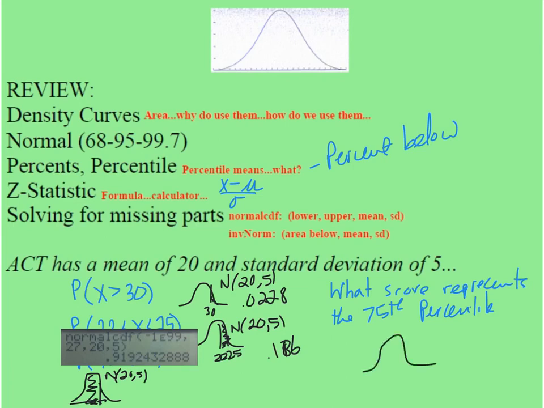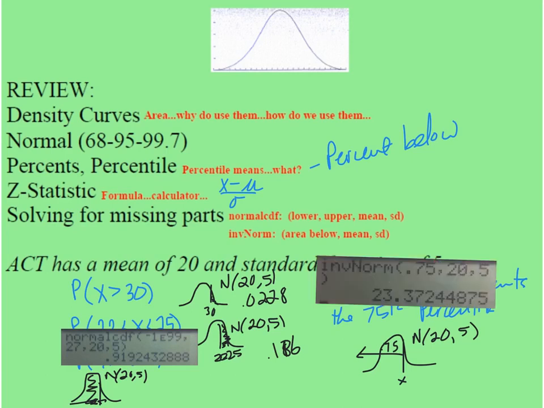How that would look is it's a normal setting, 20 and 5, and we are wondering, remember percentiles are below, what score X represents 75% below. So this time we're going to use an inverse norm setting. We're going to tell the area below that we want and then the mean and standard deviation. It's in that same distribution menu, so nothing changes there, and it's actually just one setting down from what we just had.